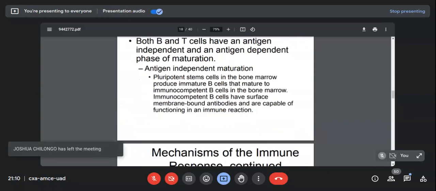So you discover that both the B cells and the T cells come from what we call pluripotent stem cells of the bone marrow. I had already explained what pluripotent means: a particular type of stem cell that can differentiate to form other types of cells.